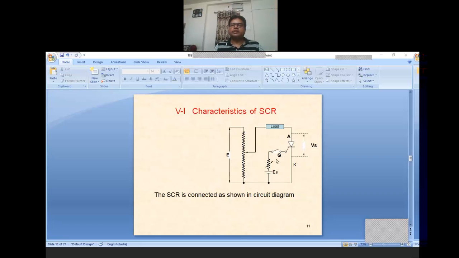in this discussion, so there will not be any gate current flowing for the initial discussions. Once we understand the actual characteristics, then we will apply some gate pulse and see how the characteristics get modified.